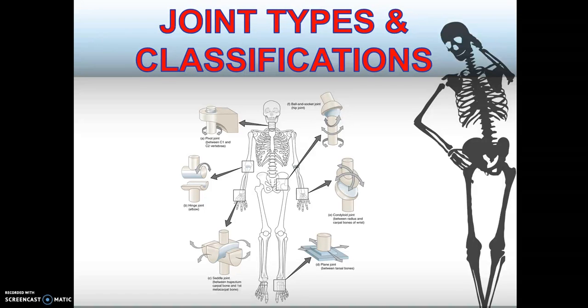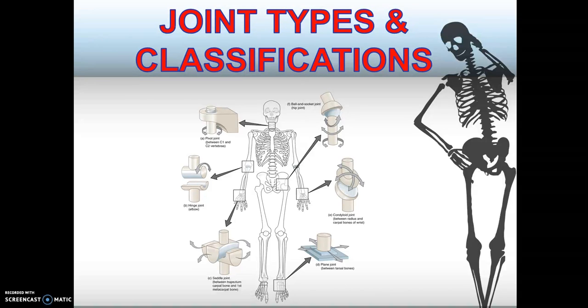Joint types and classifications. A joint is also known as an articulation or articular surface. It is a connection that happens between bones in the skeletal system. Fibrous joints are connected by dense, tough connective tissue that is rich in collagen fibers. These are fixed or immovable joints, typically interlocked with irregular edges.